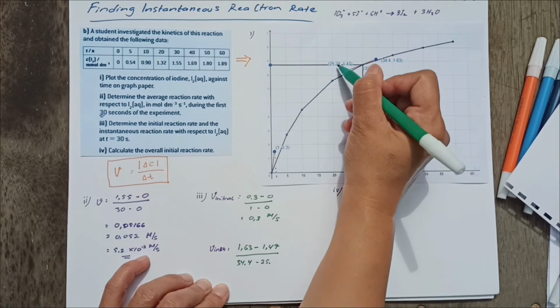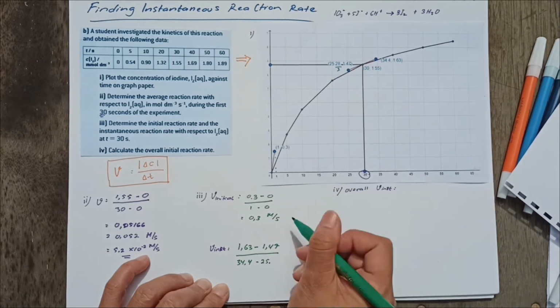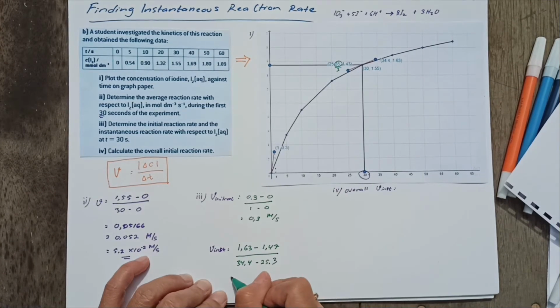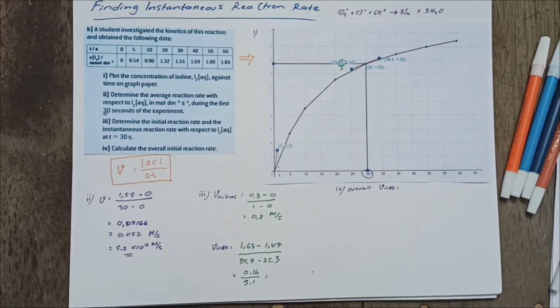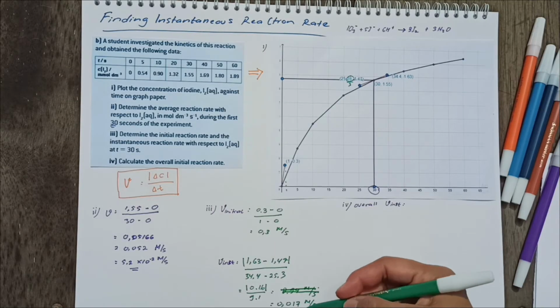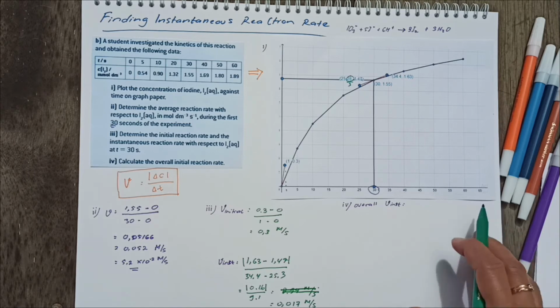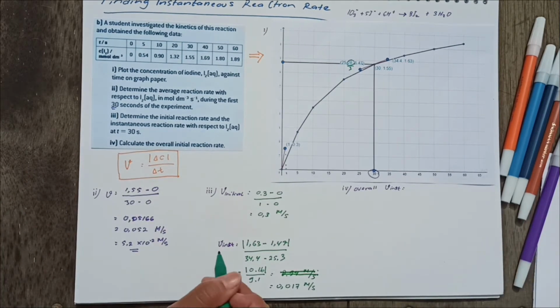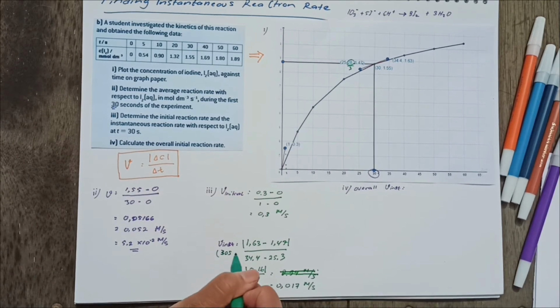We're going to round this to 3.3. So the answer would be 0.017 molarity per second. So this is the instantaneous rate within 30 seconds.